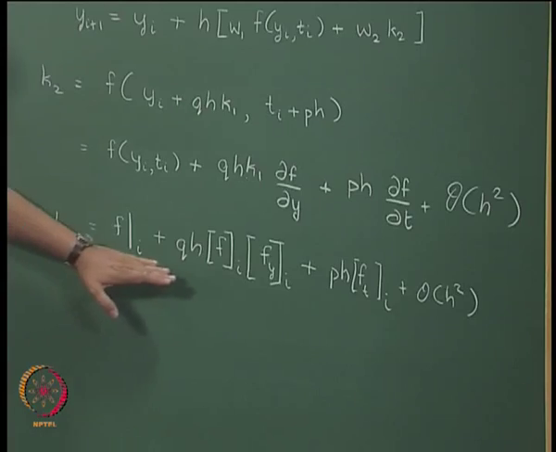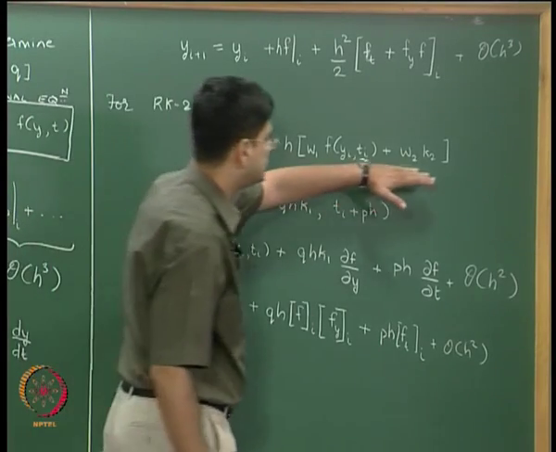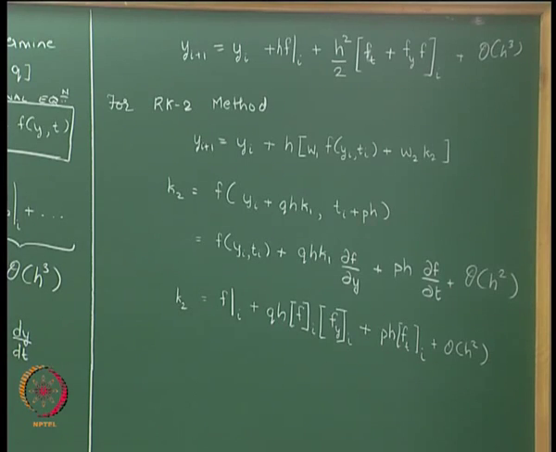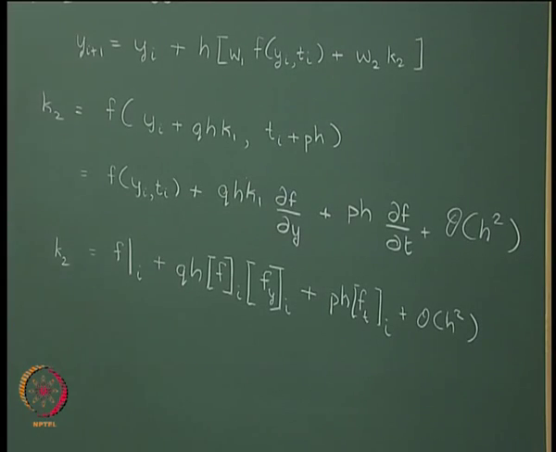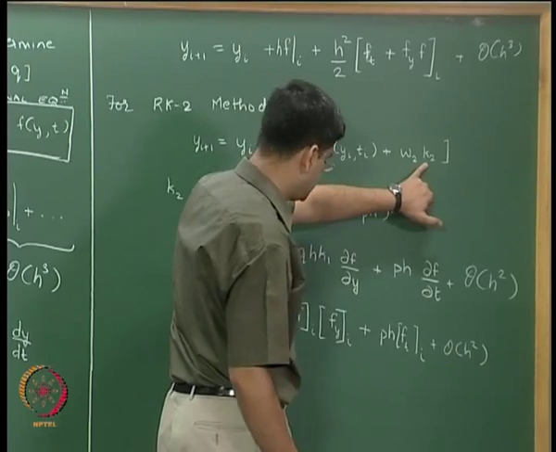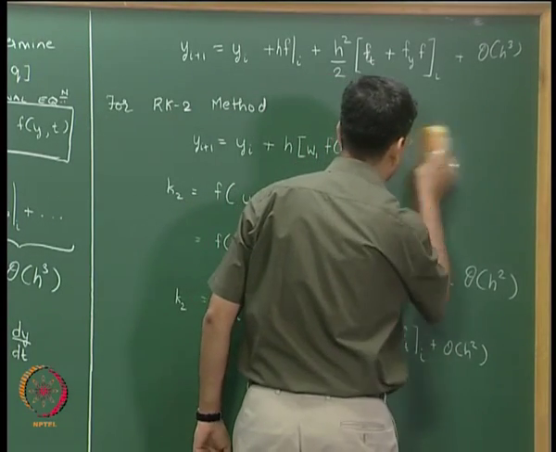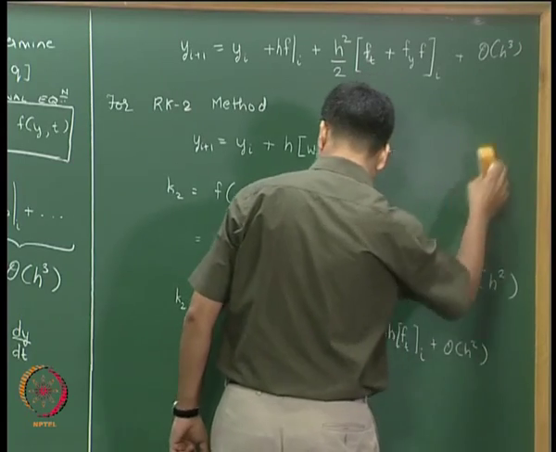So, what now I will do is I will take this k2 and substitute it over here, and then we will do the further expansion. Okay. So, I am going to replace this k2 by this particular Taylor series expansion. Okay.